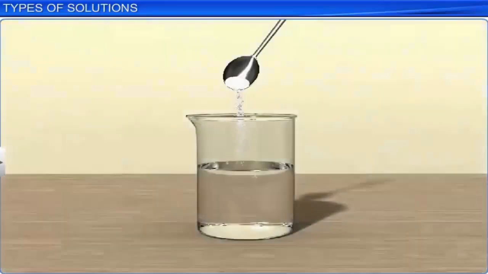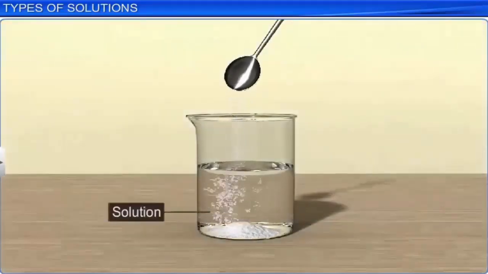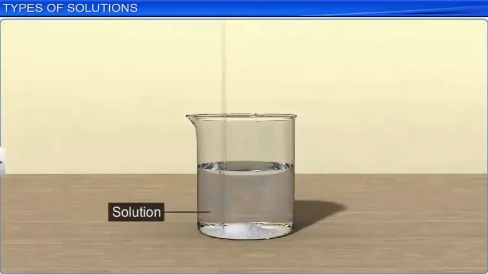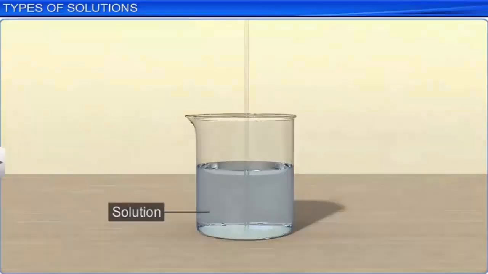A solution containing only one dissolved solute in a solvent is called a binary solution. Depending upon the physical state of the solvent, various types of solutions can be formed.